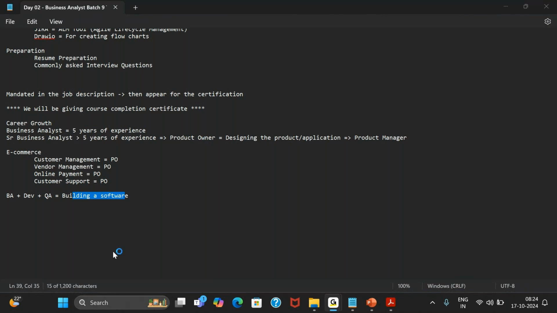We don't want more people in management. We want more people in building software, like BA, developer, QA. If everyone becomes a manager, then who will do the groundwork? So is that an advantage or a disadvantage? Advantage only, right? That is an advantage only.